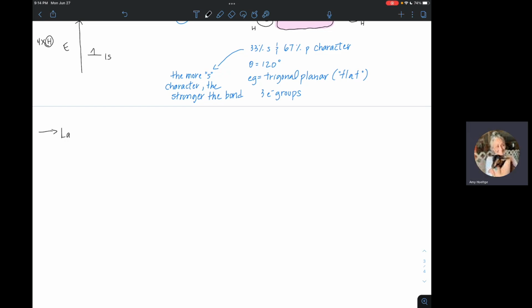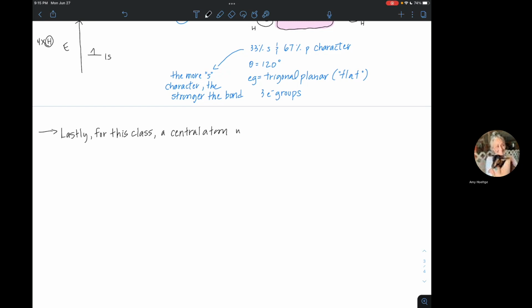So lastly, for this class, we have a central atom with 2 electron groups.